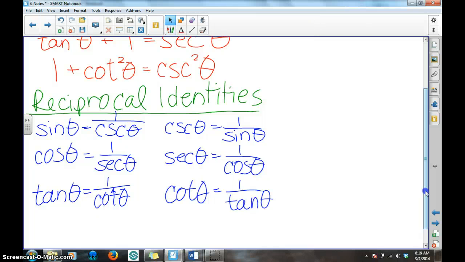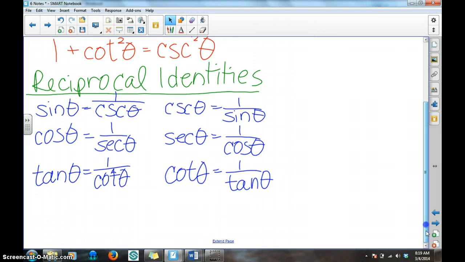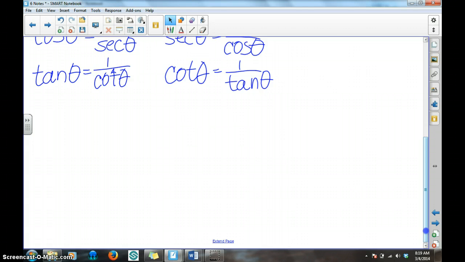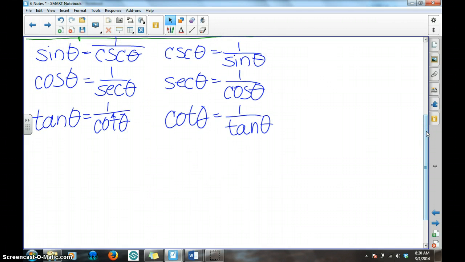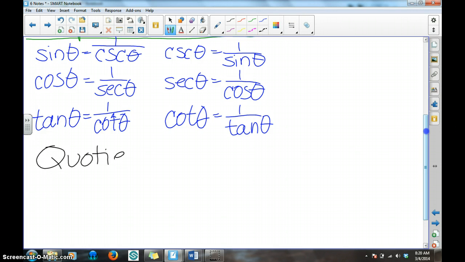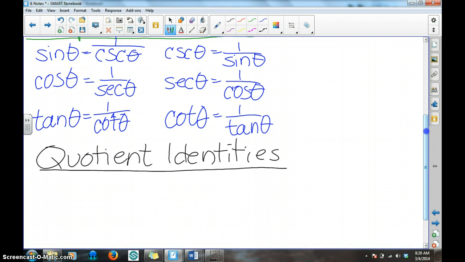The third set of identities that we're going to have in our list, again, you've already seen these, but they've now been named, is called the quotient identities. And they are called the quotient identities because you have 2 trig functions being divided. And that's where your tan and cotan come in.